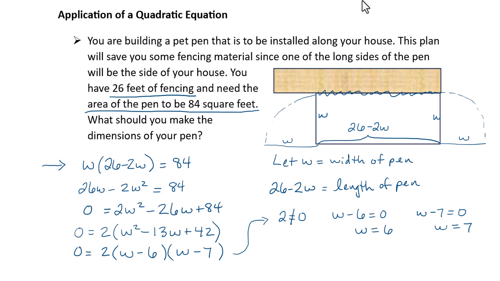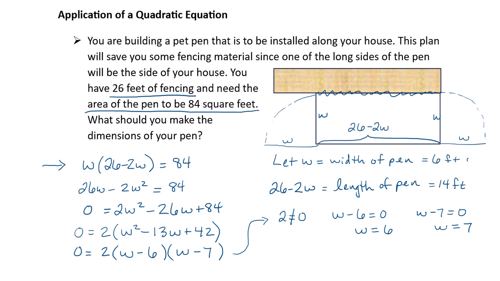If the width of the pen was 6 feet, then 26 minus 2w, well, 2w would be 12, and 26 minus 12 is going to be 14. So that would be the length of the pen, and 6 times 14, you put that into your calculator, you're going to get 84 square feet.